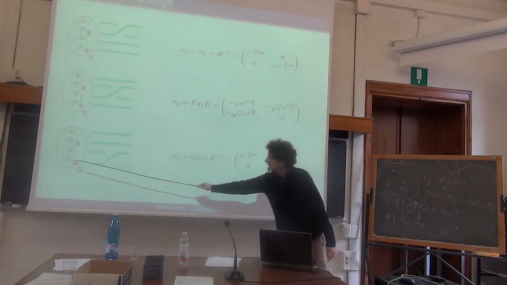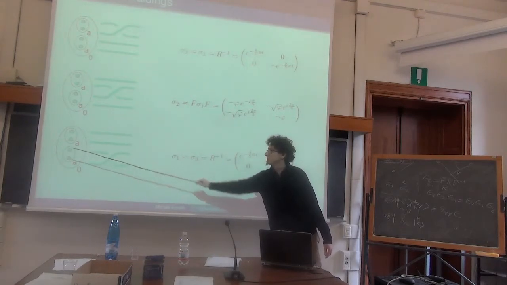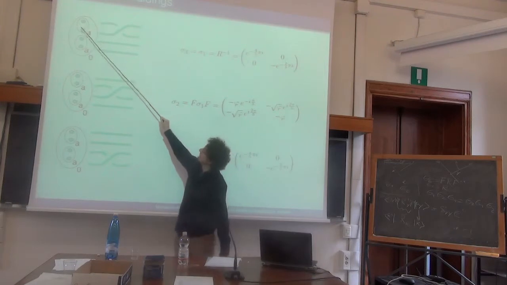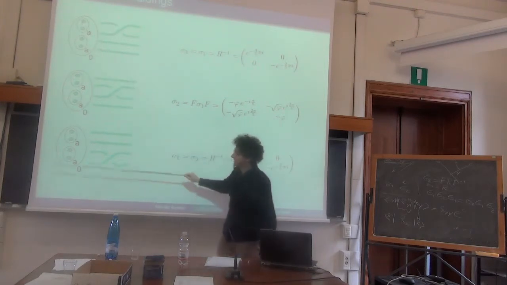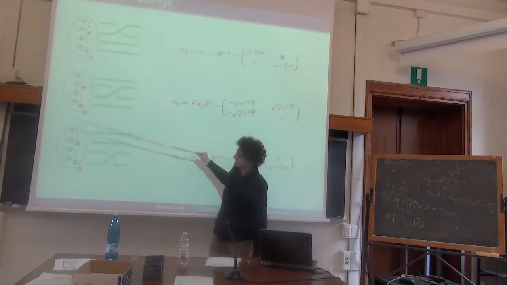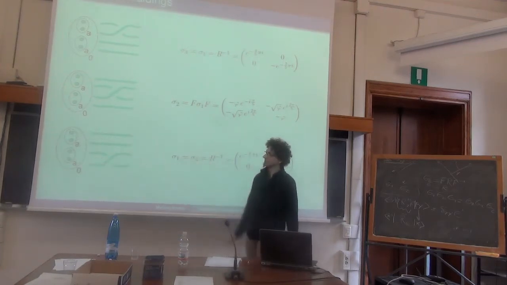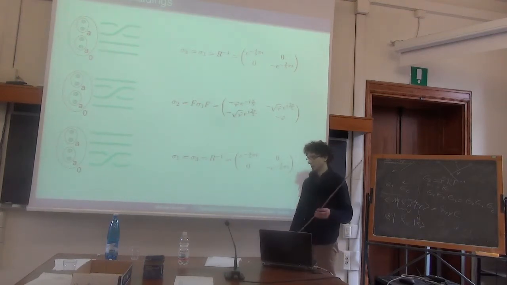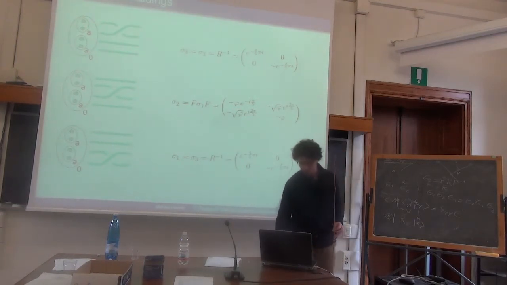Sigma 1 and sigma 3 are instead equal, because essentially I acquire the same phase if I braid counterclockwise these two particles, or if I braid counterclockwise these two particles, because I know that the two pairs must have the same topological charge always.